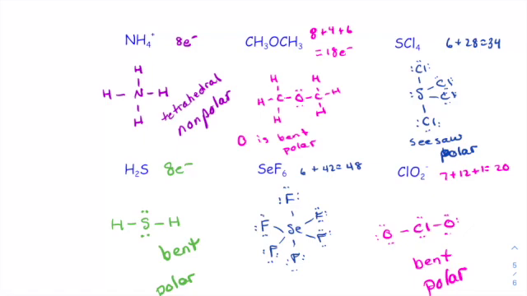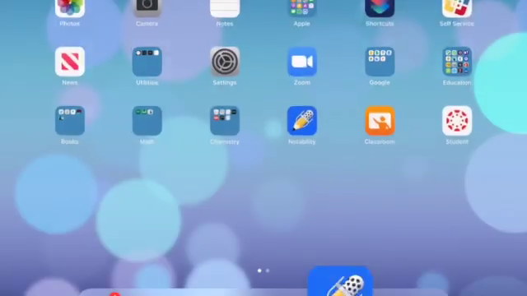My carbons in CH3OCH3 are tetrahedral, but I'm not really worried about that right now. It's really the bent oxygen that makes it polar. So let's take a look at a couple of these. CH3OCH3.